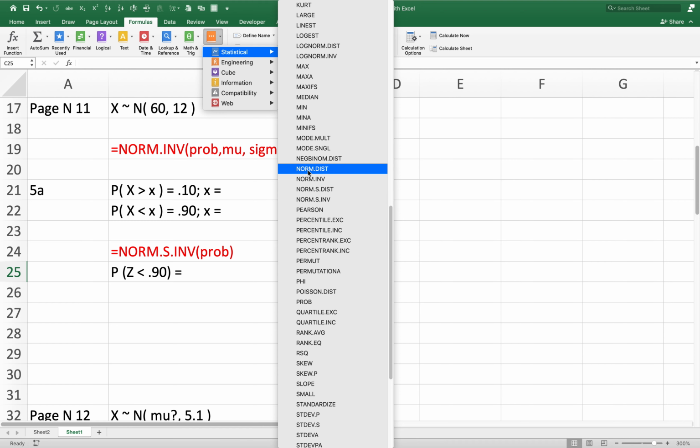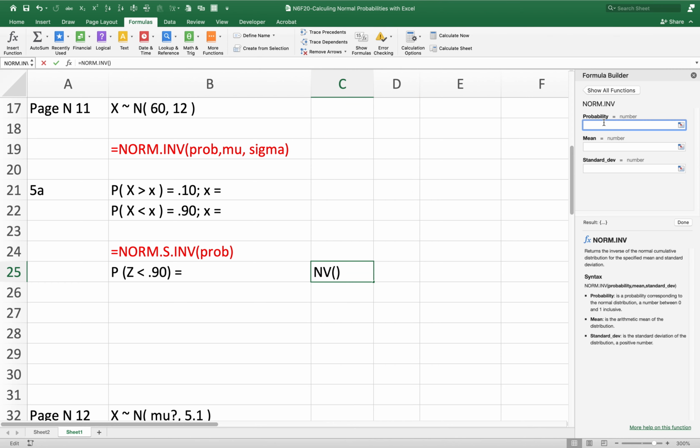So those are the four norm functions. So let's look at the NORM.INV function. It asks for the probability, and that's where you type in the 0.9, 90% from that point down. The mean is 60. The standard deviation is 12.